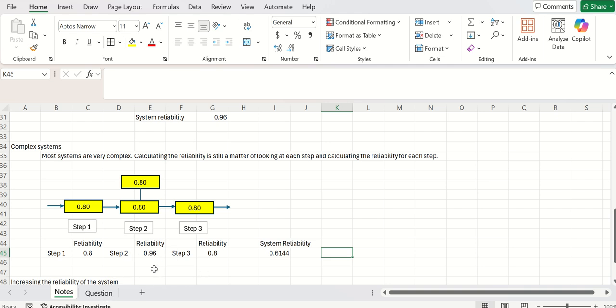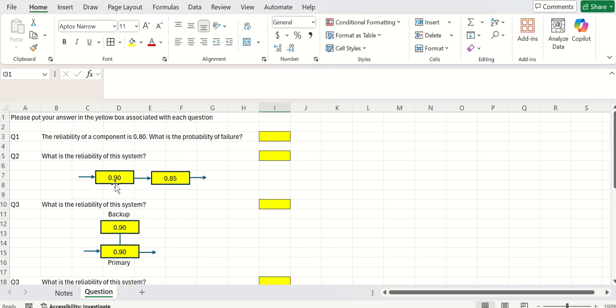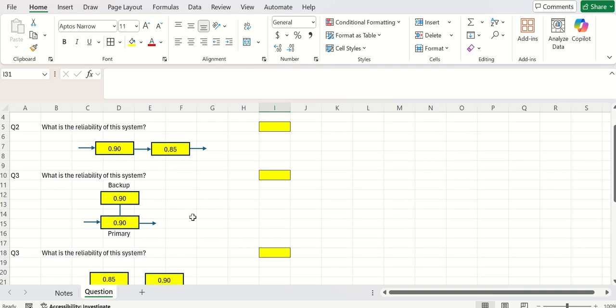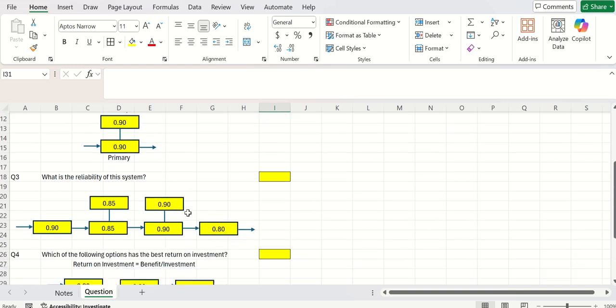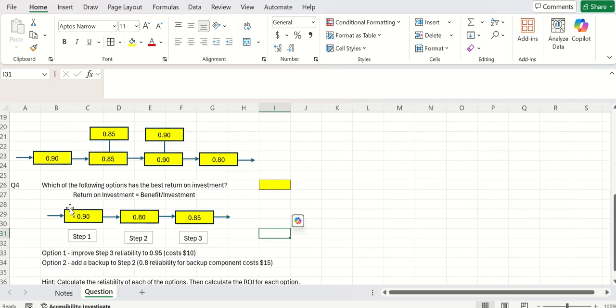So one of the things that I want you to do next is go through and look at a series of questions. I've put them out here for you to where you can go in and answer the question out here in this yellow block. Everything should make sense until you get down here to question 4.